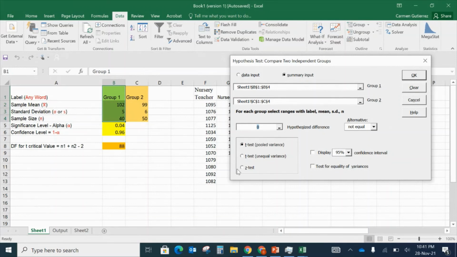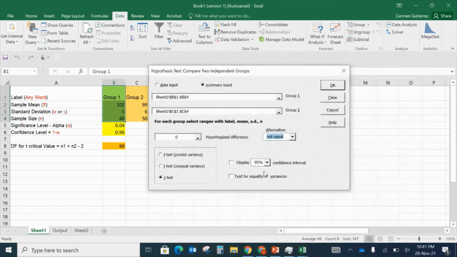If you decided that you were doing the z-test, then you click on the z-test. If you decided you were doing the t-test, then you click the t-test. We're only looking at these two options. Now, alternative. What were you doing in H1? Were you doing greater than, equal, not equal, or less than?